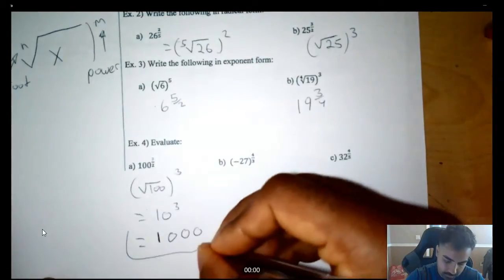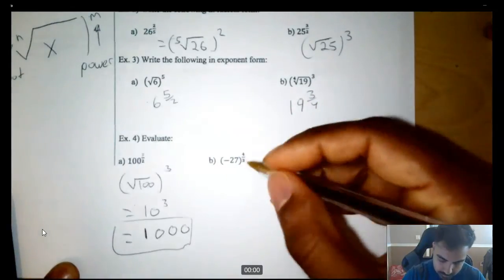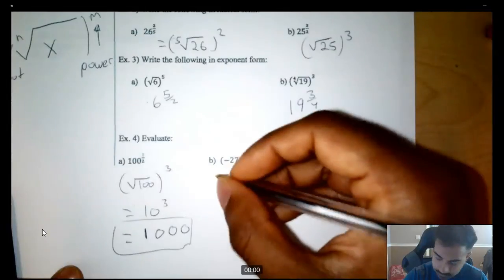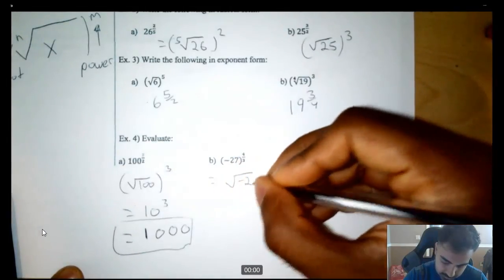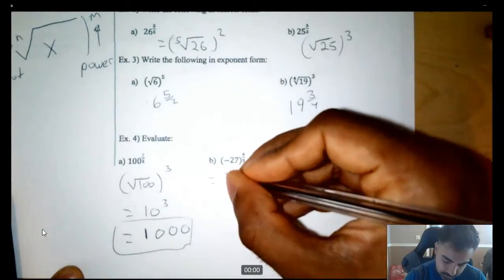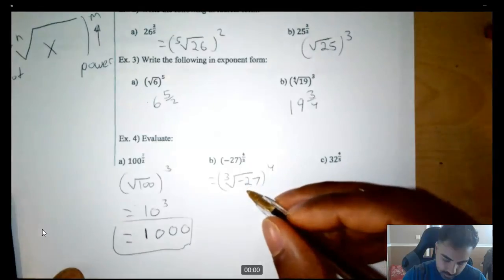Okay, there we go. All right, so next question here. Again, I'm going to put it in radical form first. Negative 27 inside. The root goes on the outside, and put this whole thing in brackets. So what number multiplied by itself 3 times gives you 27?